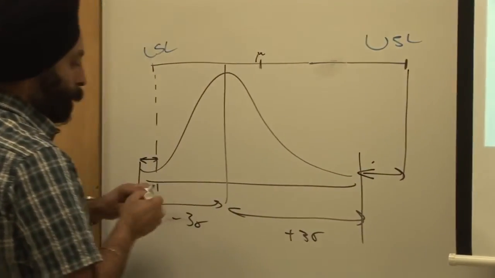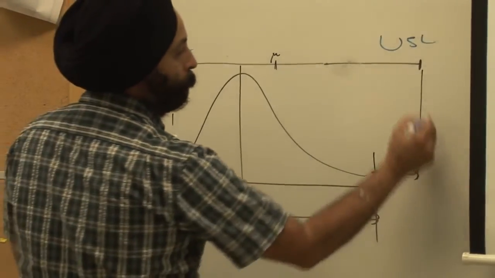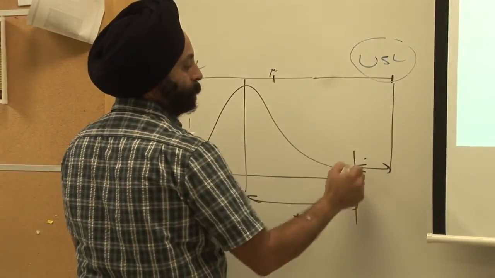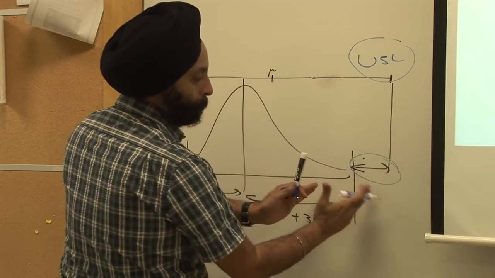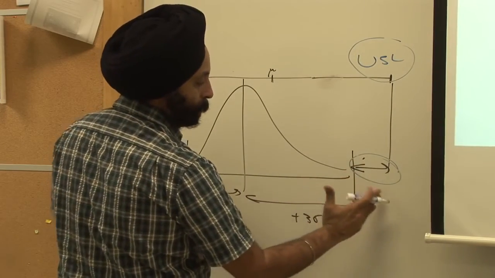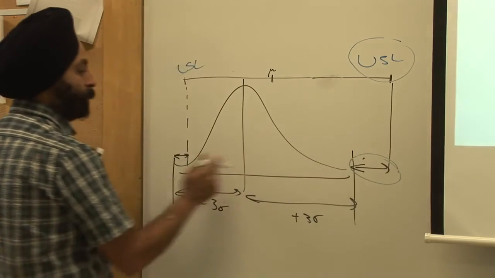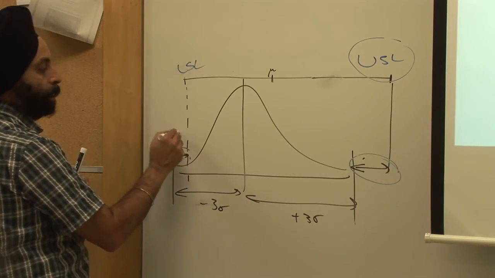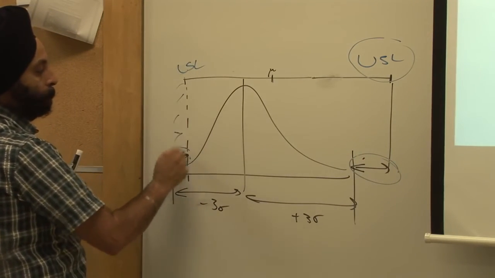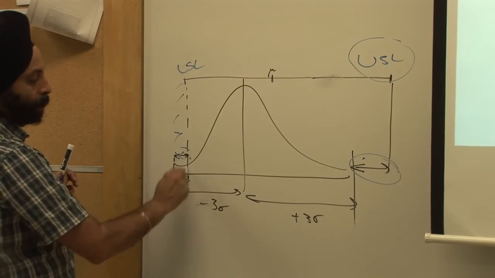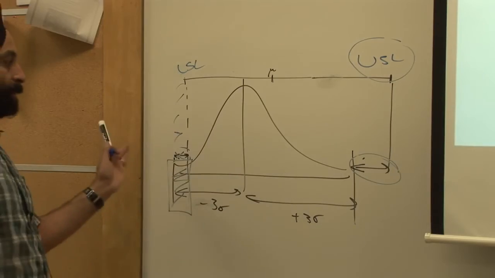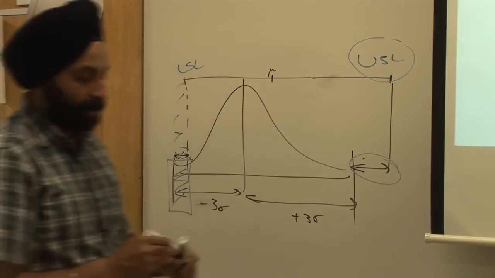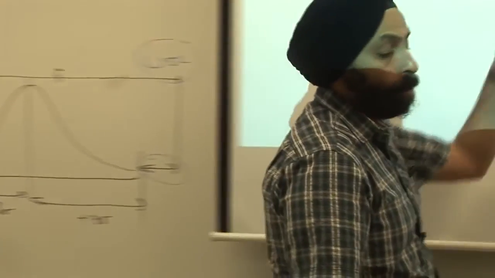Over here, it appears that the upper specification limit is more than this part. So this natural variation is well within the design specification, but this part is the negative side. So that is going to be a problem. This much portion of the product being produced, because of off-centering on this side, is outside the lower specification limit. So that is what we want to find out.